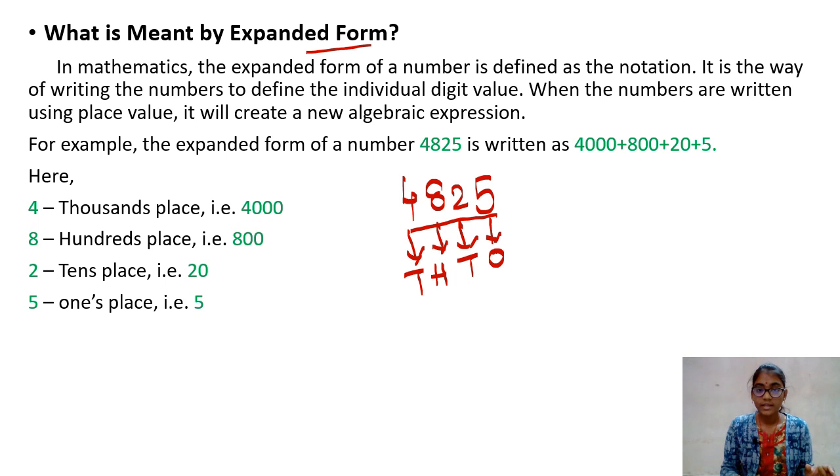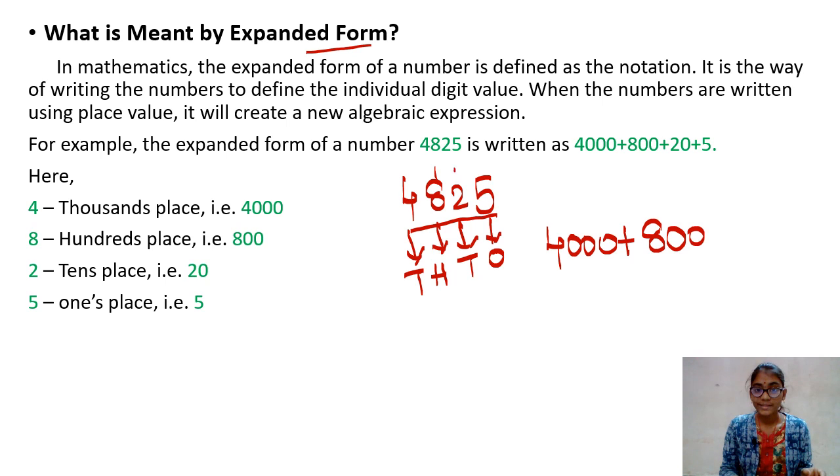How should we write? This 4 is thousands place, so we can write this 4 as 4000, right? And this 8 is hundreds place, plus 800.